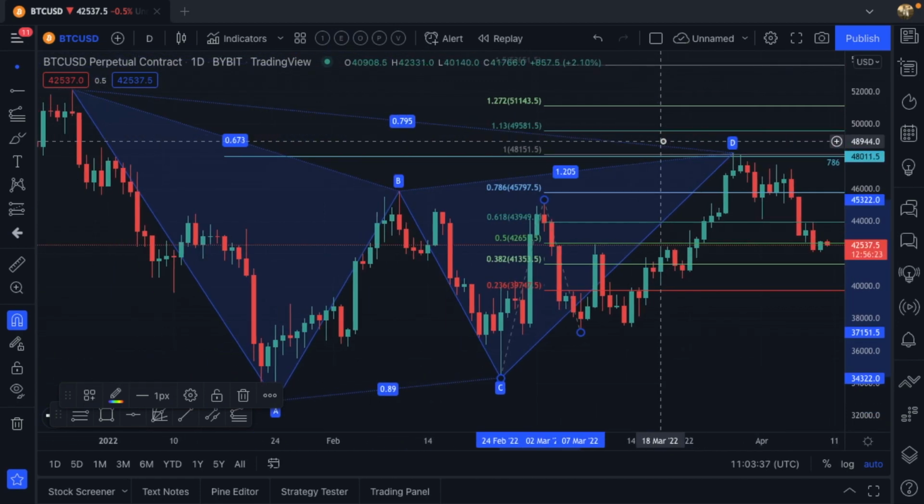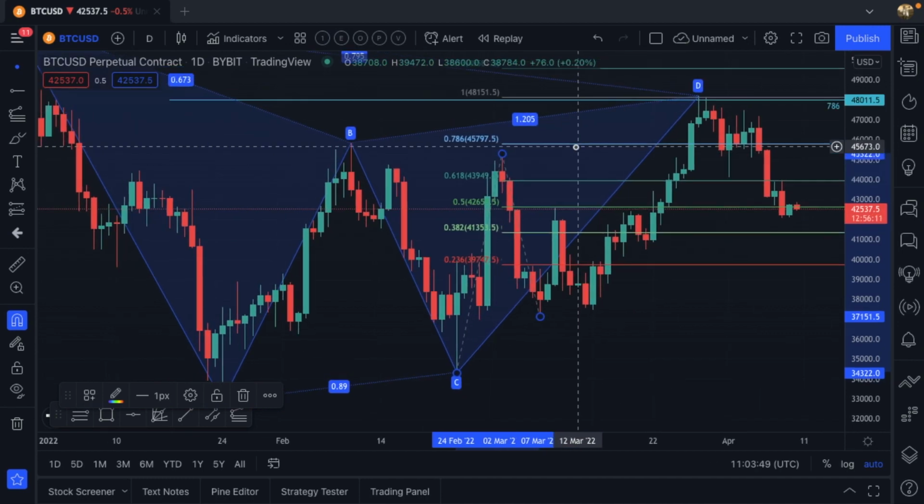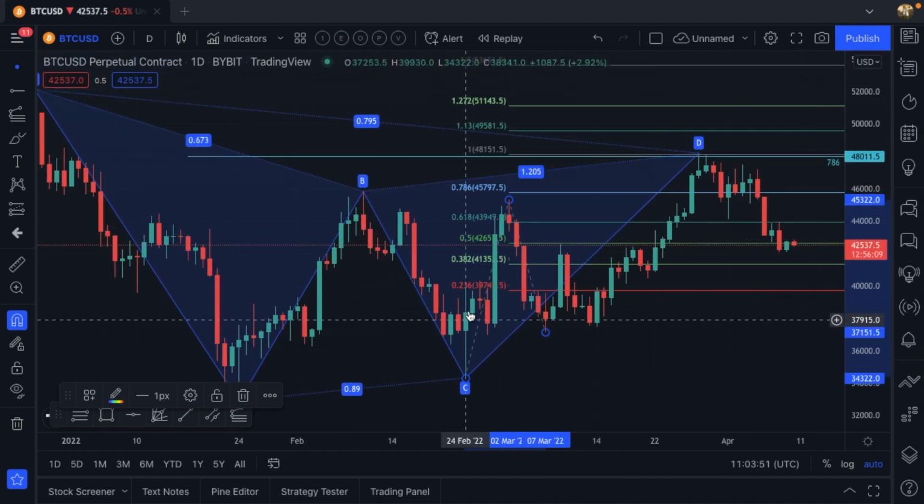So in terms of the PRZ zone, once you start to get your three basic levels down, so we're looking at it, this ABCD projection, the 786, and the BC extension, which we'll do in a second. But before all of this stuff starts really kind of falling into place, you can always find other factors of confluence.